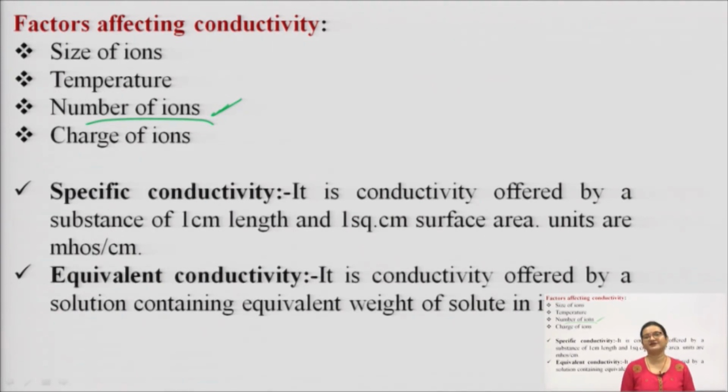If the current generated changes, the number of charged ions of the analyte definitely changes, and this is the principle behind conductivity measurement. This is the main fundamental we will use for the estimation of concentration of different analytical solutions with the help of determination of generated current in a solution.